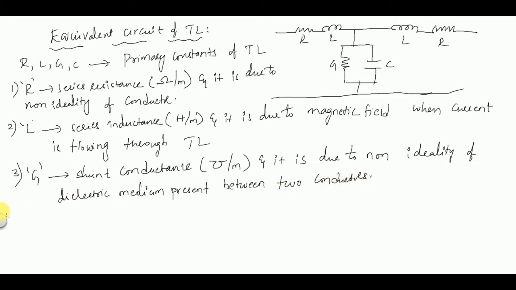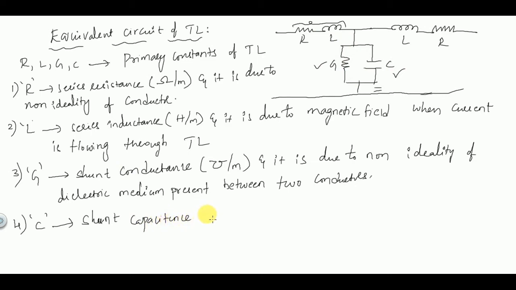Similarly, the fourth one, C, is the shunt capacitance, because it is in parallel. R and L are in series, so they are called series resistance and series inductance. Since G and C are in parallel, they are called shunt conductance and shunt capacitance.